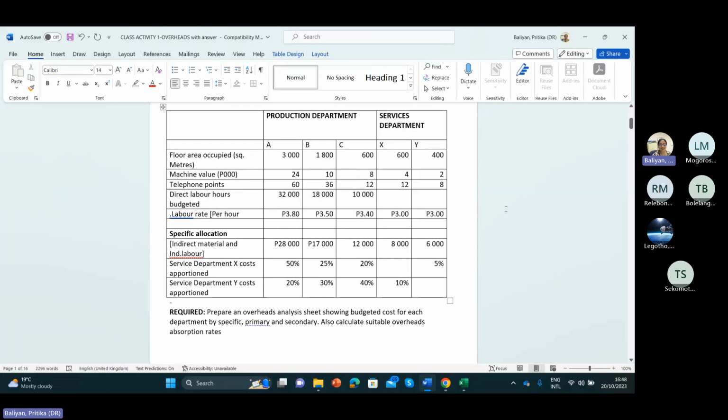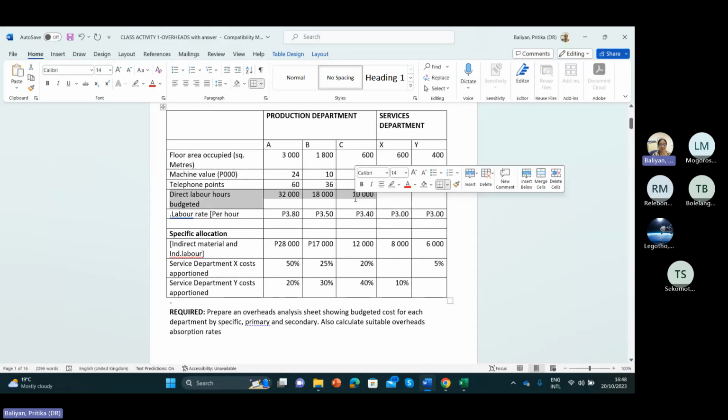Here you are given the direct labor hours, so you can only determine the overhead absorption rate based on them. The labor hours for department A are 32,000, for B 18,000, and for C 10,000. So you divide the total cost of A by 32,000 to get the cost per hour, and the same for B and C.